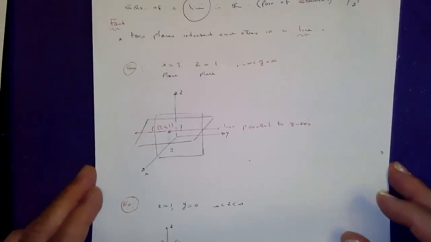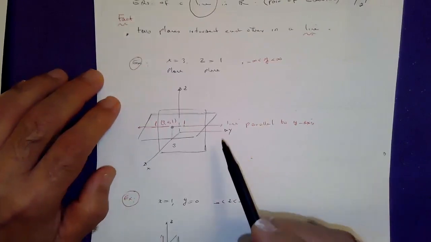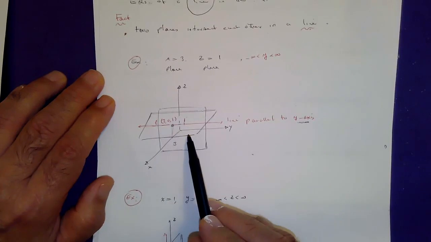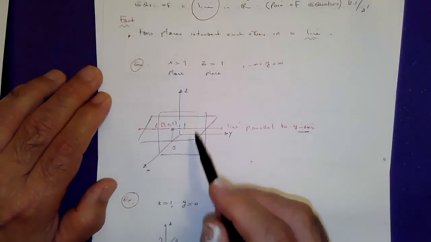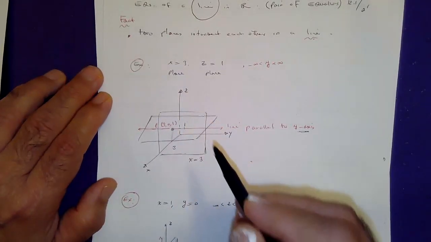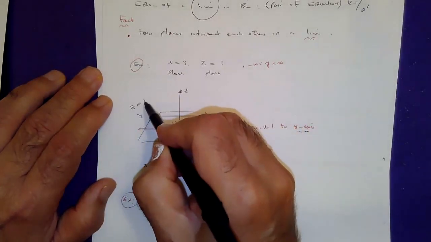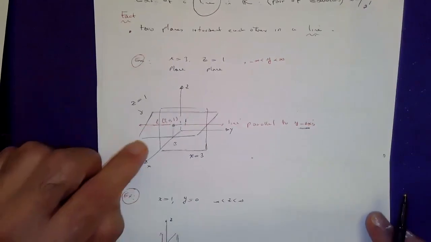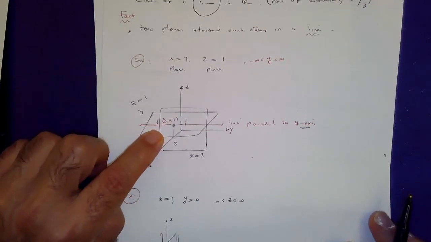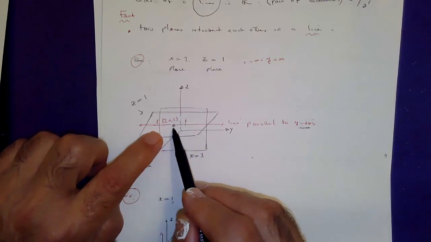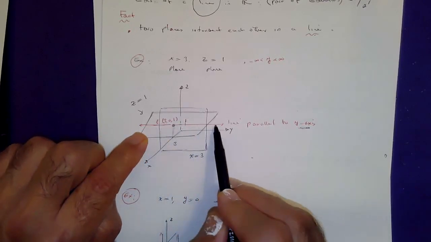So this would be a line parallel to the what? Y-axis. So when x is equal to 3, that's the graph of x equals 3, the plane. This guy is z equals 1. So the graph happens to be a line which is parallel to the y-axis. And it also goes through many, many points.